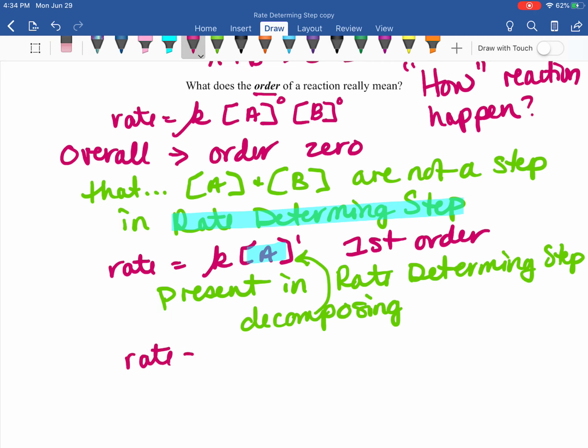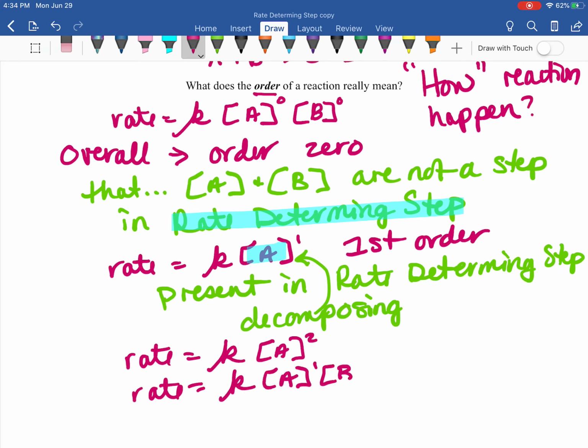So what happens when we get up into a second order? How can we have second order? Well, we could have 2 A's, or we could have an A and a B. Both of these are second order processes. And for both of those, it means that each one of these is present in your rate determining step.